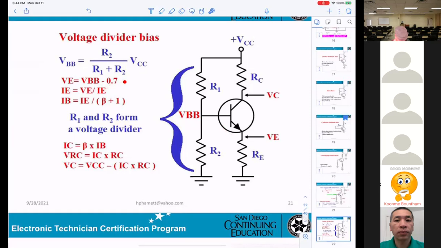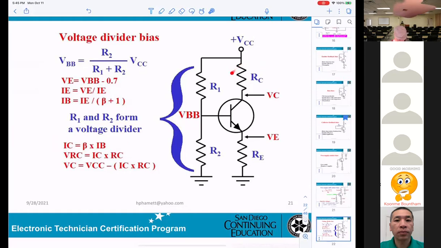That's what is given here. After you get VE, it's easy to calculate the current IE: IE equals VE divided by RE. After you get IE, you can calculate IB using this formula: IE divided by beta plus 1. Then you know how to calculate IC equals beta times IB.